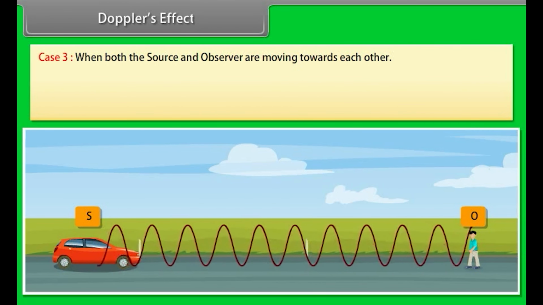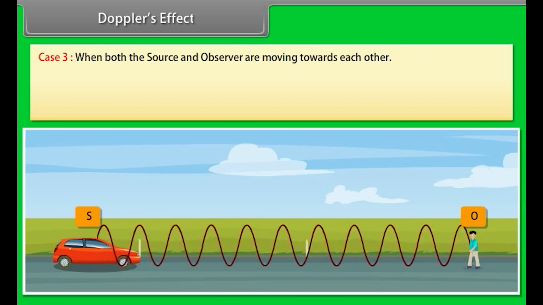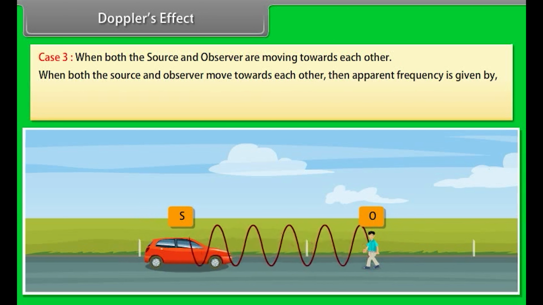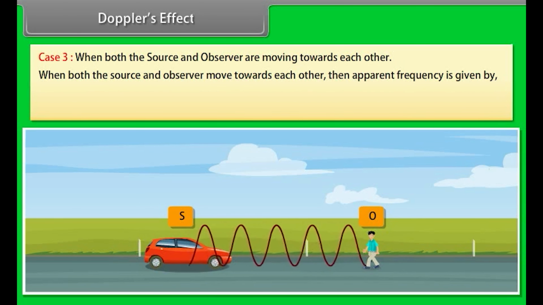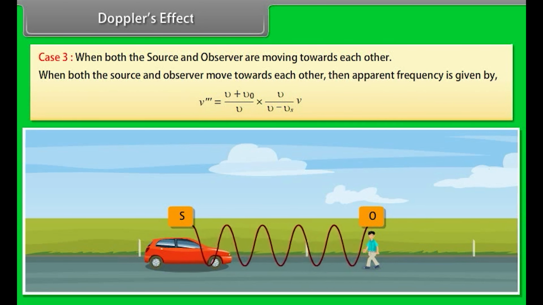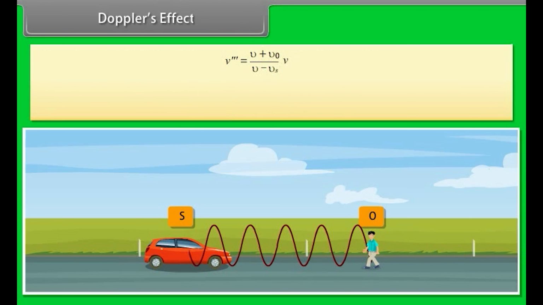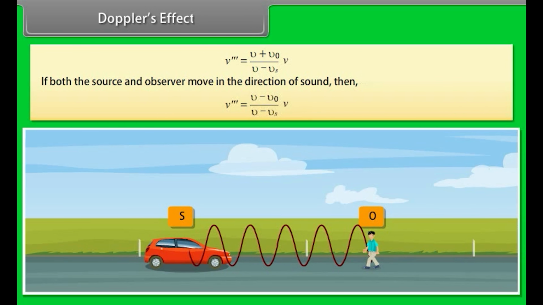When both the source and the observer are moving towards each other, then the apparent frequency is given by nu triple dash is equal to (v plus v naught) upon (v minus vs) multiplied by nu. If both the source and observer move in the direction of sound, then nu triple dash is equal to (v minus v naught) upon (v minus vs) multiplied by nu.